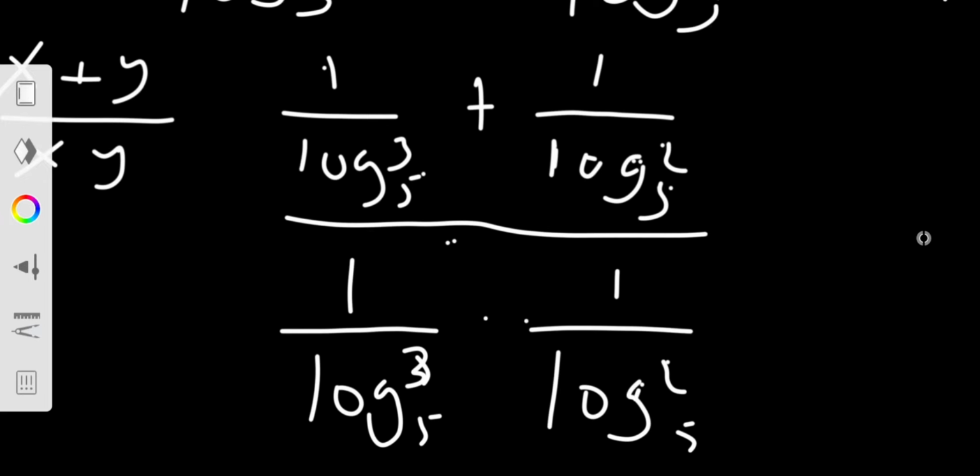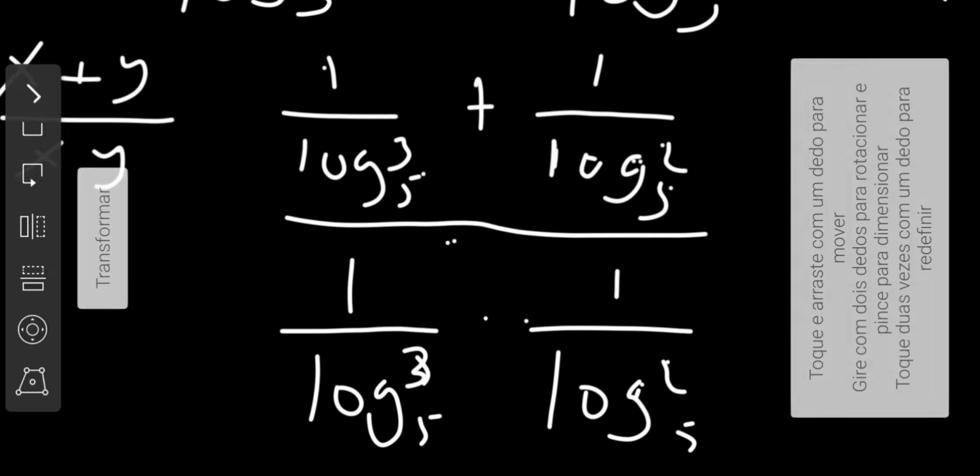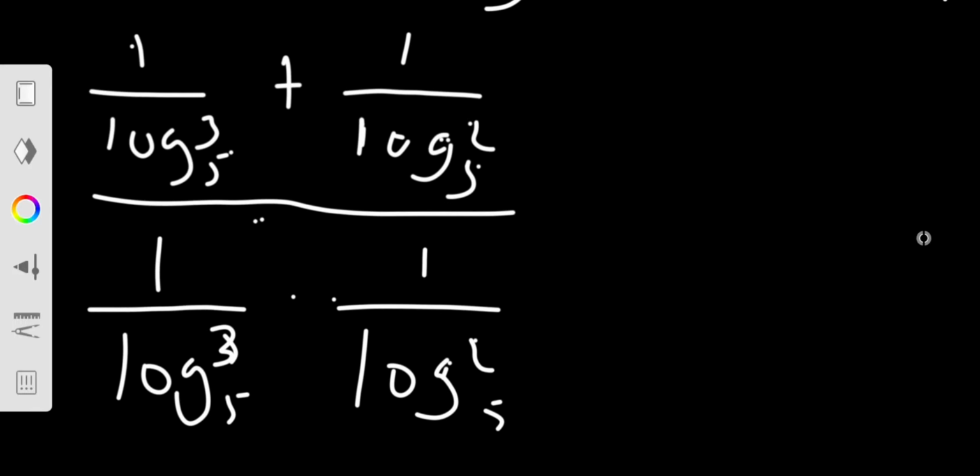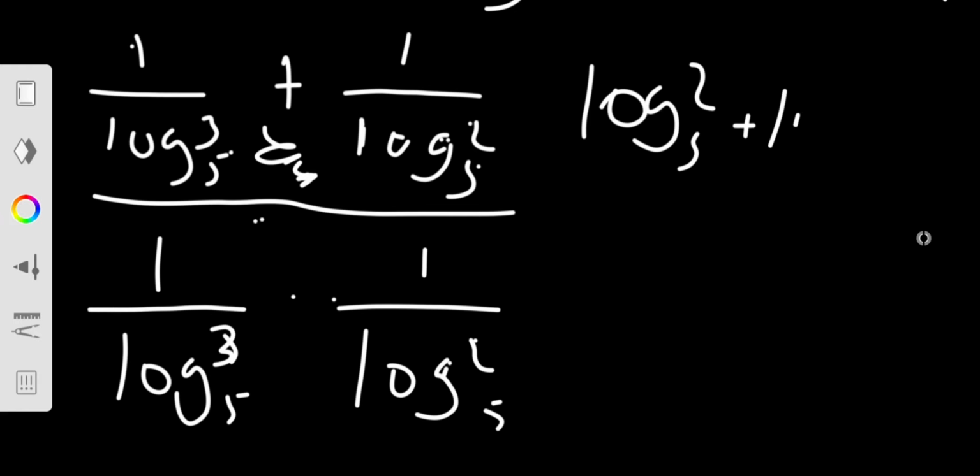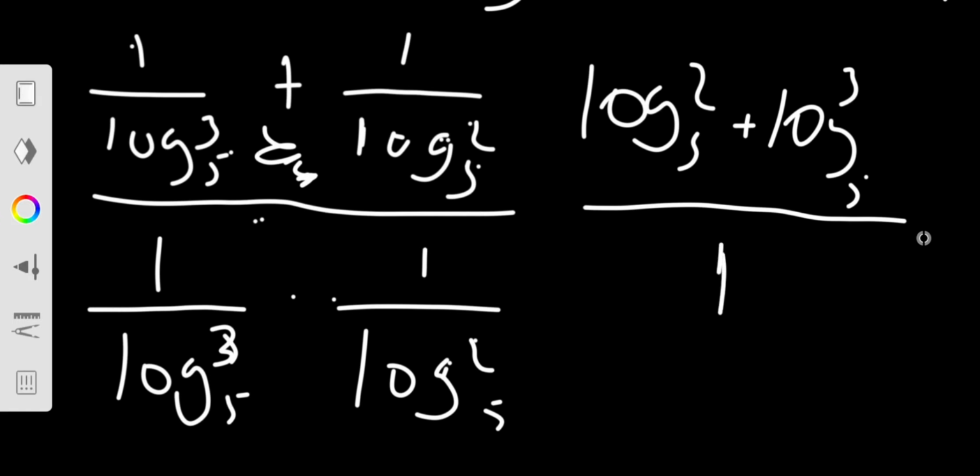Okay, so what are we going to find now? Well, let's continue this. Let's use this part over here. I'm going to sum these two numbers, so it will be log of 2 in the base of 5 plus log of 3 in the base of 5, multiplied by 1, and they are dividing, right?